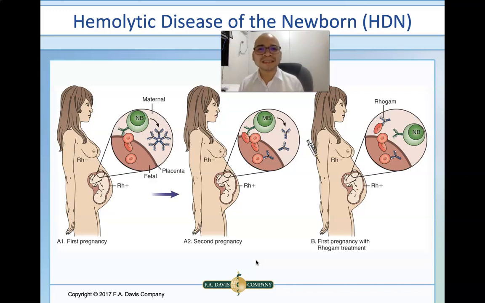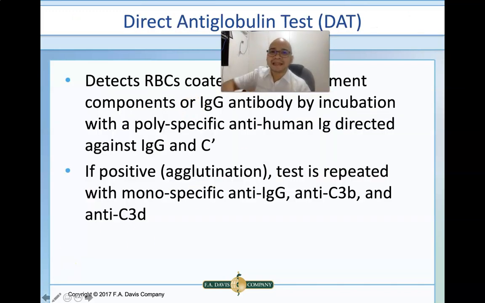So this is a classic example of cytotoxic reaction since the RBC contains the D antigen, and the D antigen is found at the surface of the RBC, and it is directly being attacked by the anti-D, which is IgG in nature, and that is considered as the maternal antibodies. It will directly attack the RBC of the fetus. So there you have it. That's an example of RhHDN.